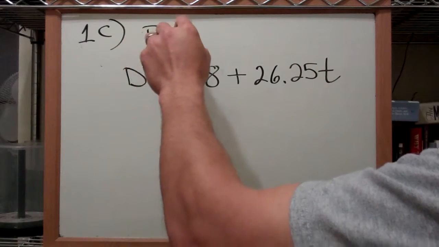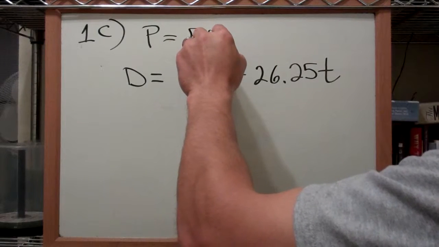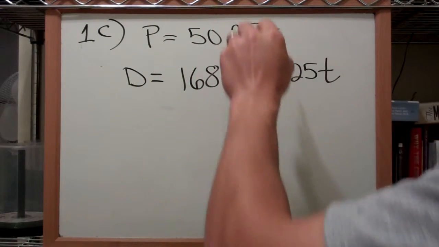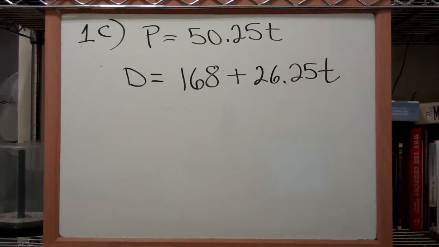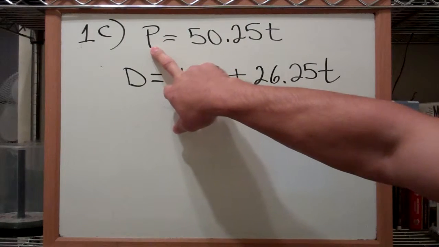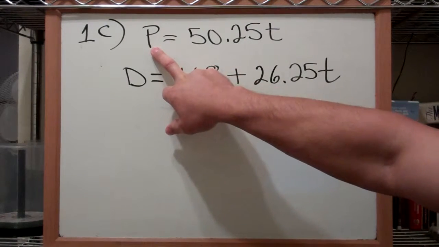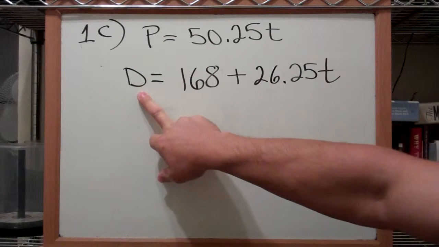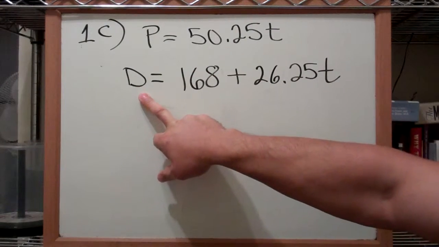P equals 50.25T and D equals 168 plus 26.25T. Now again, this is how much someone without the card will pay totally, and this is how much someone with the card will pay totally.